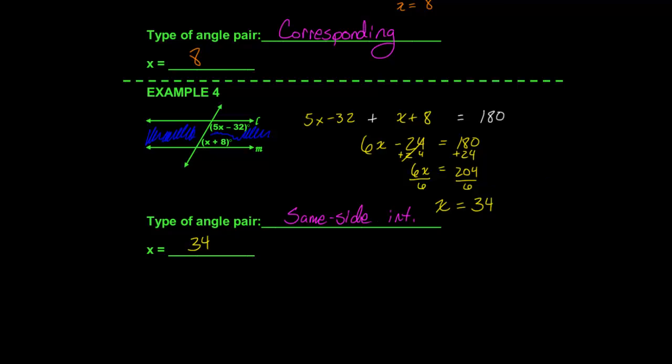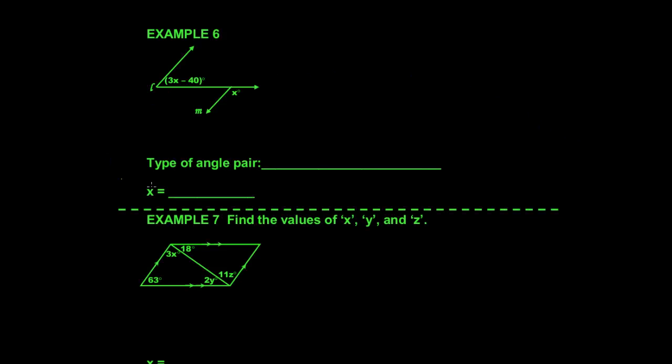All right, so let's move to the final page of our notes. This is where it skips to our example 6. But we know that here's our L and here's our M. Now it's stated before, these are parallel.